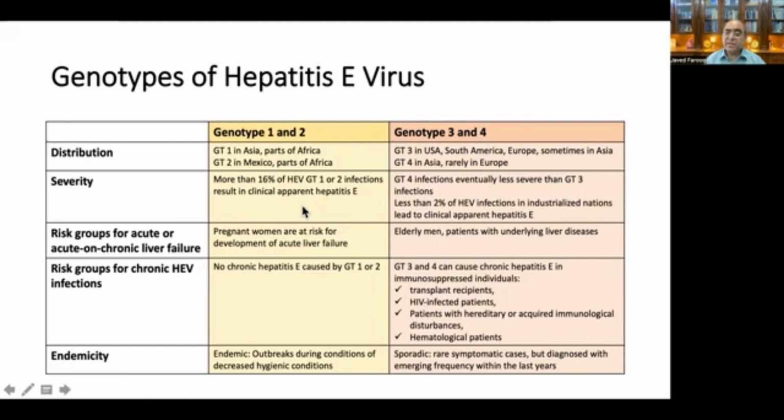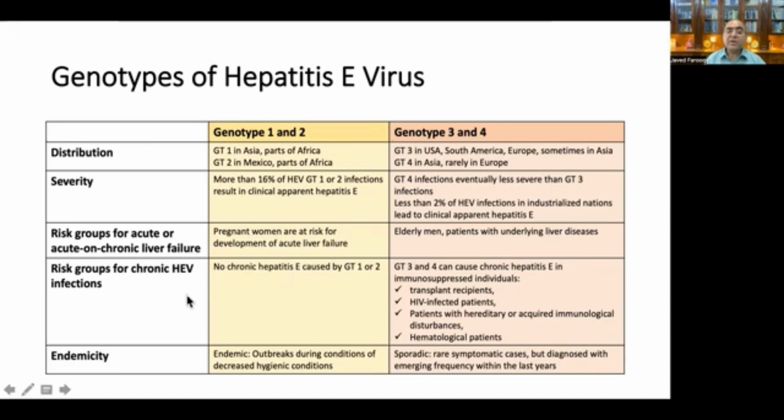But I was telling that not all patients are symptomatic. So if it is genotype 1 and 2, almost 16% of these present as clinically acute hepatitis E. Pregnant women are at risk for development of acute liver failure, and almost 20% of these pregnant ladies with hepatitis E may die.